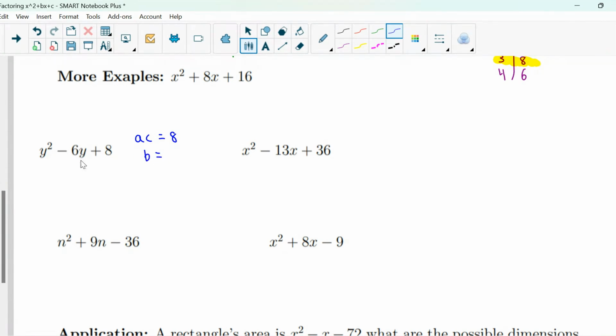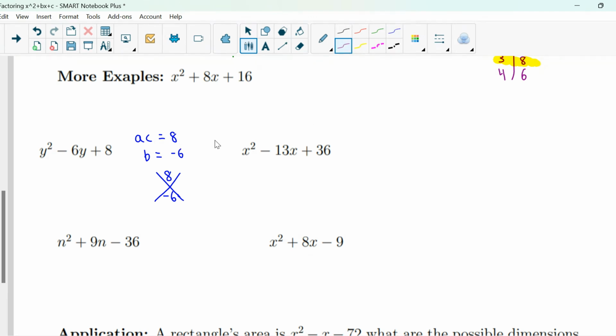And we know that our B value, which is the coefficient on our variable with 1 as the exponent, is -6. So in this case, we're looking for two numbers that multiply to 8 and add to -6.